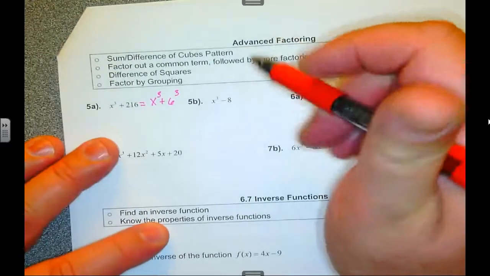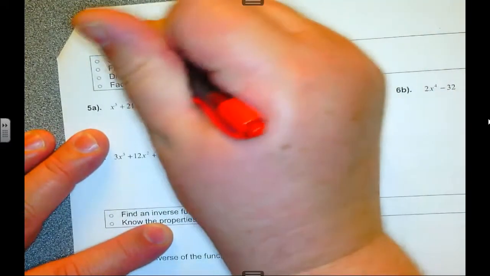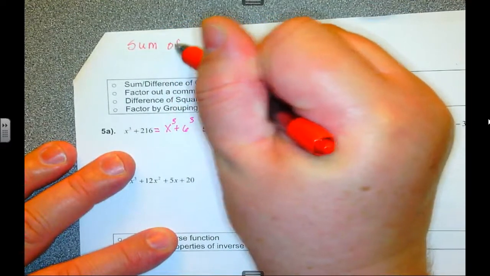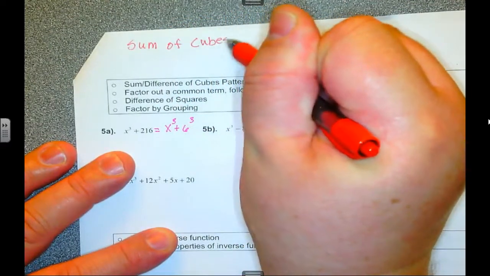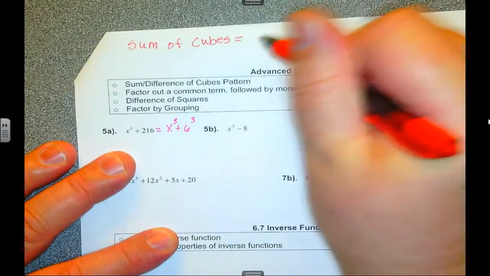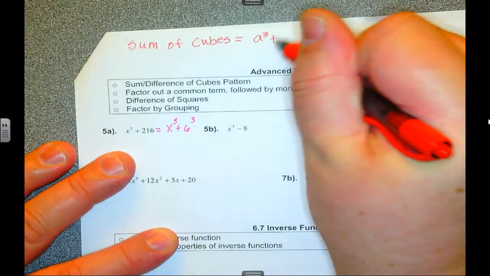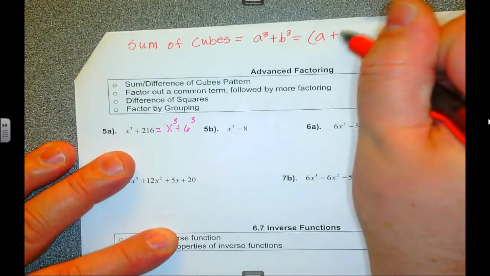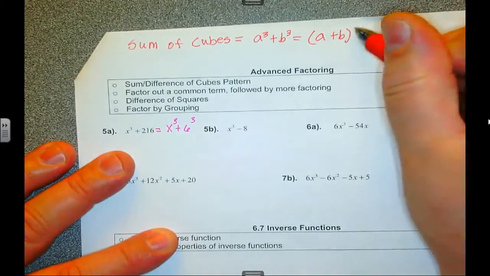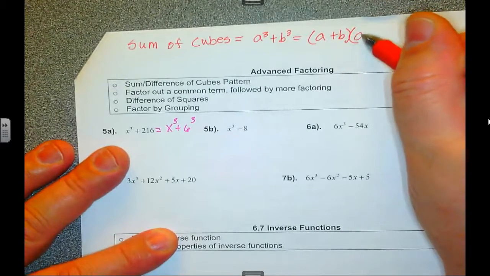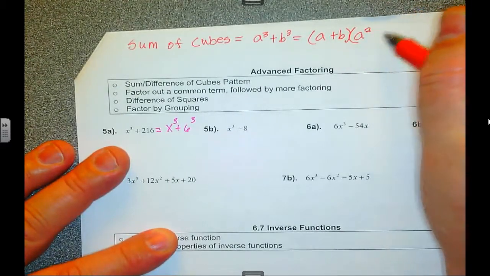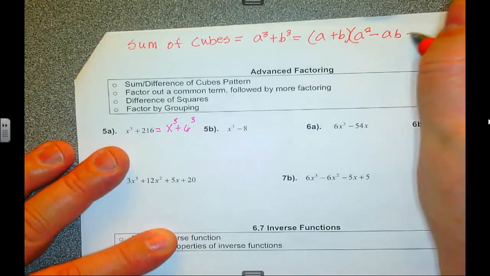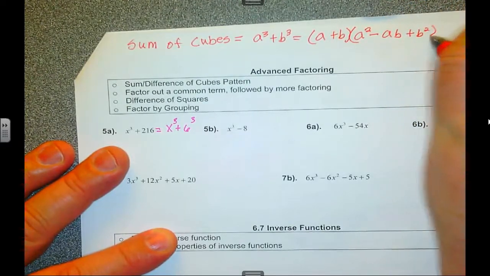The formula for sum of cubes: a cubed plus b cubed equals a plus b times a squared minus a b plus b squared.